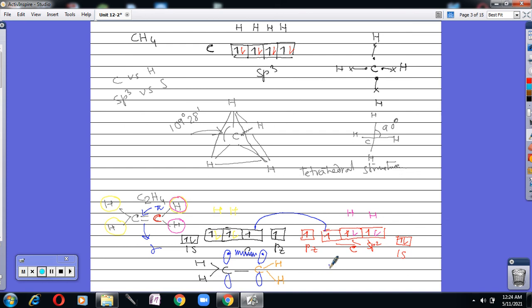So in ethylene, in between the carbon-carbon double bond, one bond is sigma, another bond is pi.